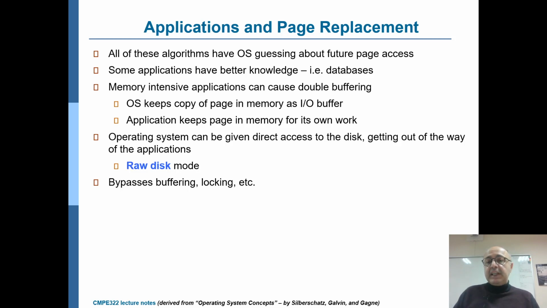Your applications typically don't know where things are being replaced, but the database system might say, just leave it to me. I can manage it better than the operating system because I know what I'm doing. Of course, those database systems are very sophisticated software. So for such applications, it might be better to let the application manage its own disk space.